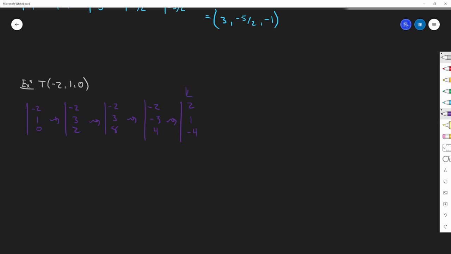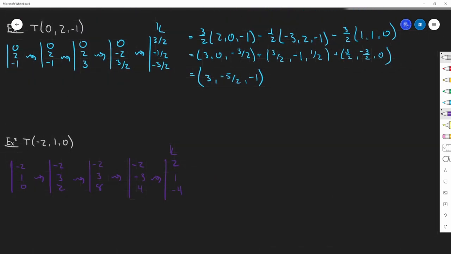So this would be equal to, don't memorize them. I didn't memorize them. 2 times 2, 0, negative 1, plus negative 3, 2, negative 1. Oh, we don't have to work with fractions. Beautiful. Negative 4 times 1, 1, 0.